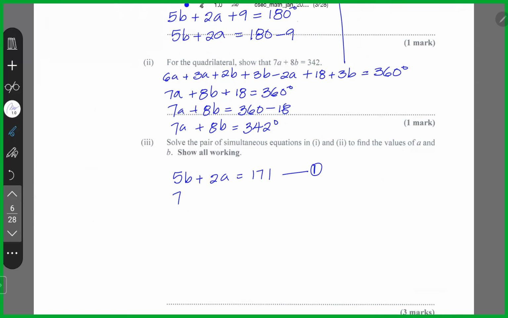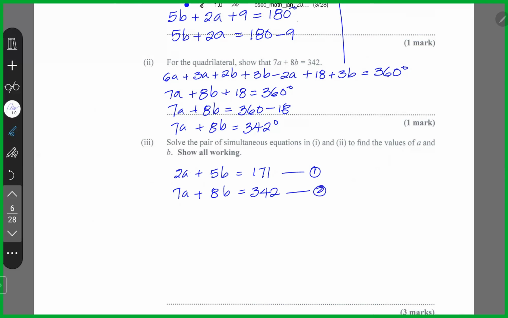Let's write it differently. 2A plus 5B is equal to 171, equation 1. 7A plus 8B is equal to 342. This is equation 2.